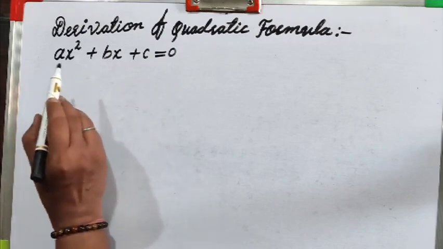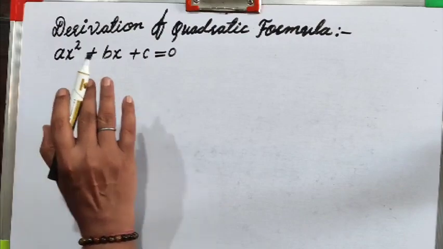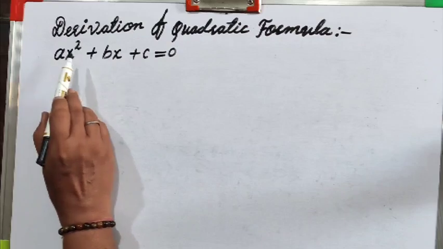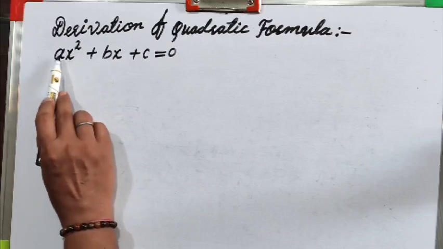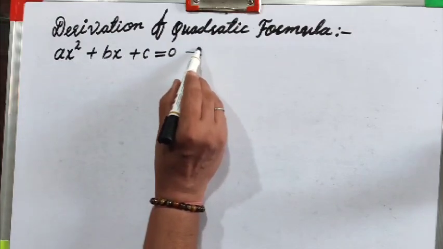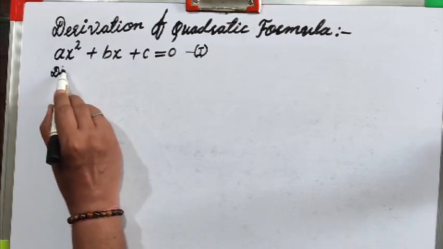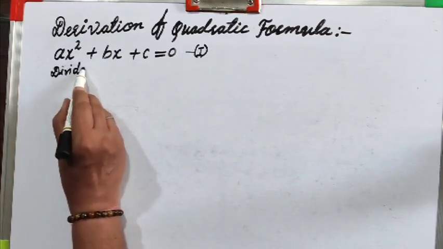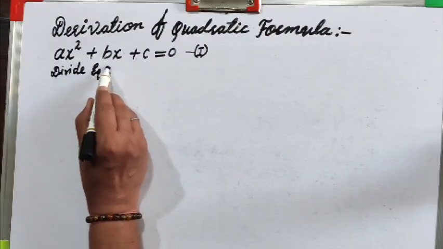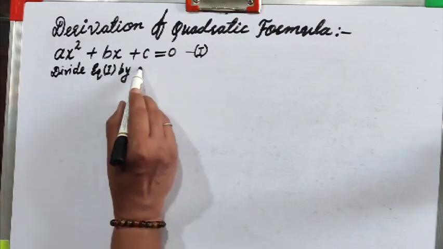Now let us begin. First of all, you will divide both sides by the coefficient of x square. You can check here, the coefficient of x square is a. Suppose I refer to this equation as equation 1. So I divide equation 1 by a.